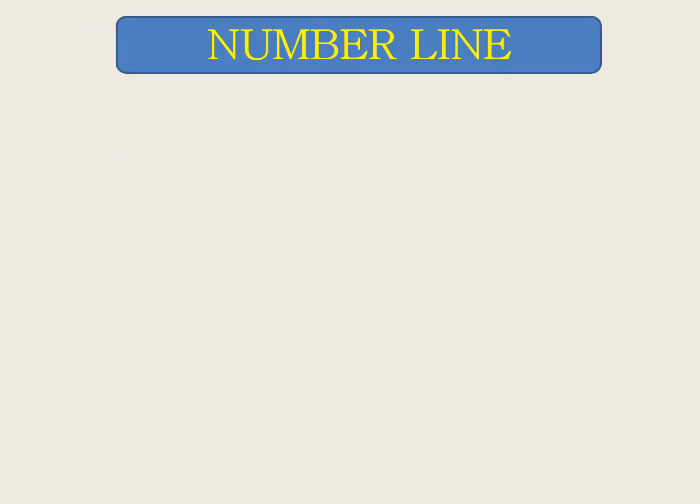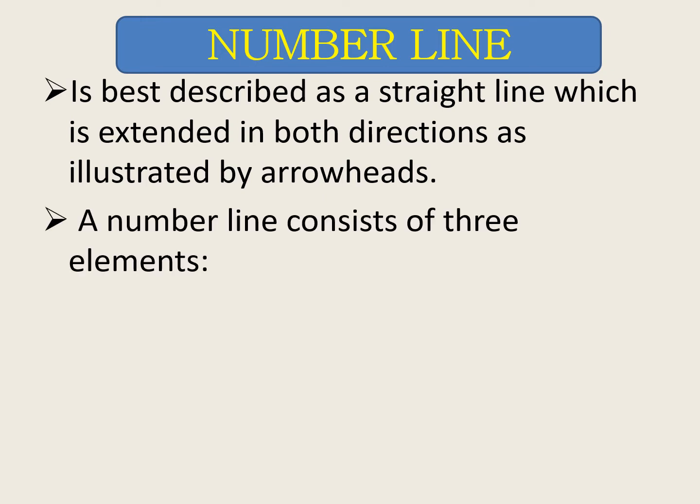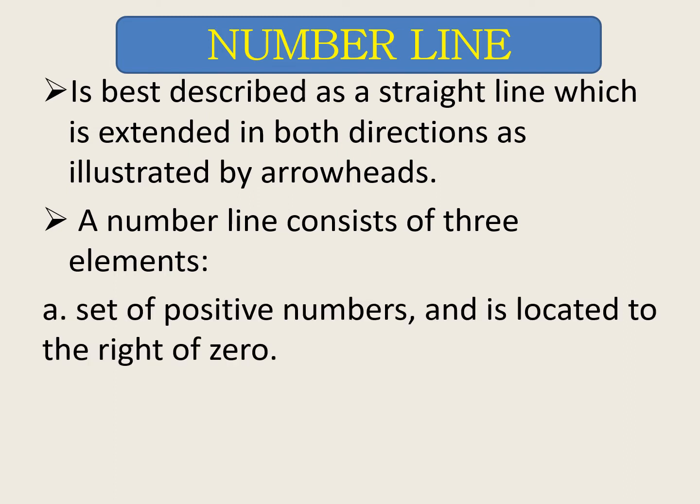Now let's talk about number line. When I say number line, it is best described as a straight line which is extended in both directions as illustrated by arrowheads. A number line consists of 3 elements. First is a set of positive numbers and is located to the right of 0.